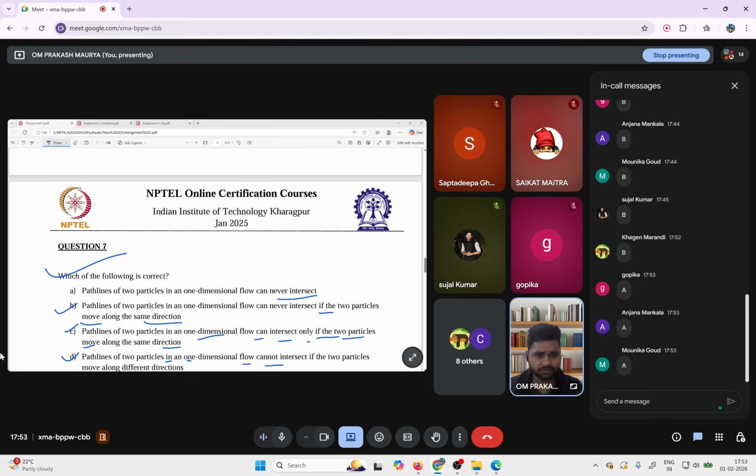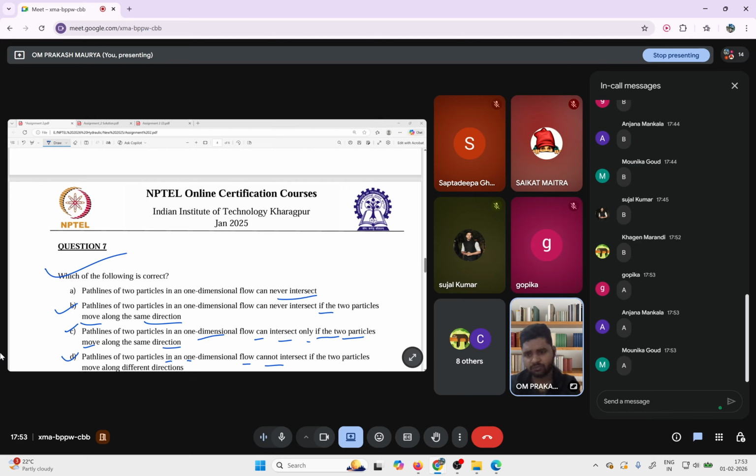All three students are telling A option. It means maybe the A option will be correct. Khagen is telling option B. Okay, fine. So let us see whether A option or B option will be correct.